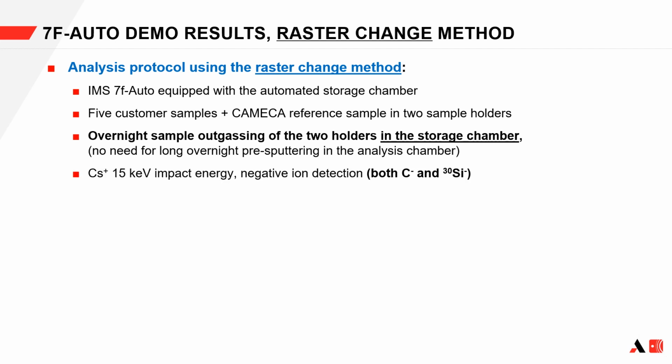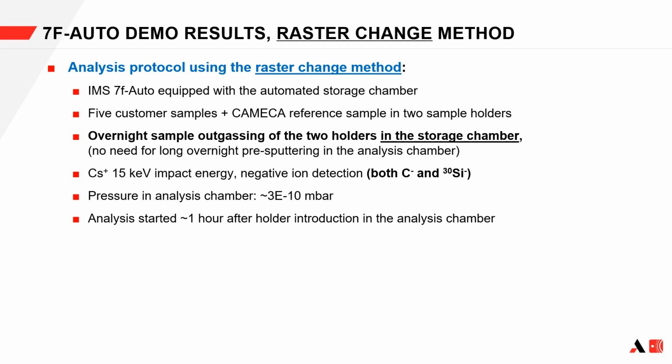The beam condition was the same as the classical method, using cesium primary ions at 15 kiloelectron-volt of impact energy and detecting negative secondary ions, of course, both carbon and silicon ions. We started analysis about 1 hour after holder introduction in the analysis chamber. During the analysis, the vacuum in the chamber was maintained at about 3 × 10⁻¹⁰ millibar, which is not so different from the classical method.